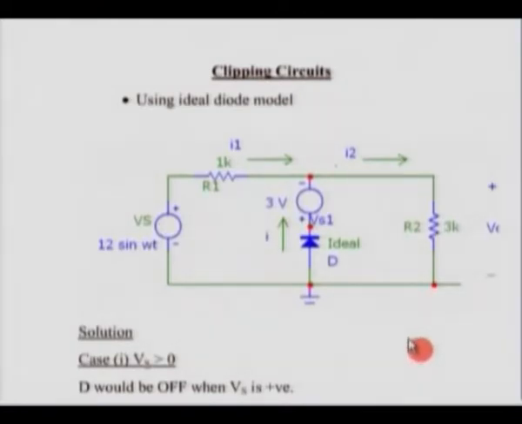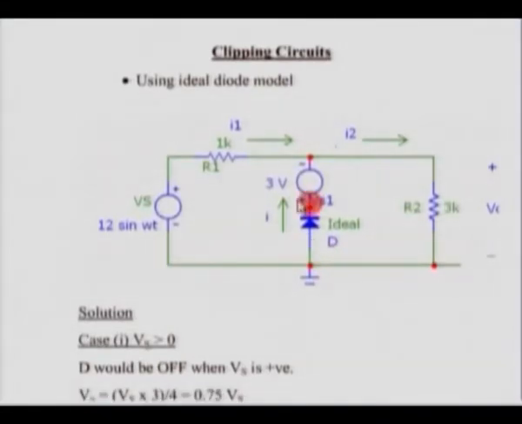In such a circuit, what we generally do is split the analysis into at least 2 scenarios. One scenario where the diode conducts, the other scenario where the diode does not conduct, and then arrive at the answer.